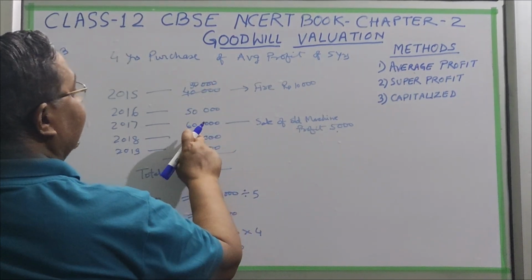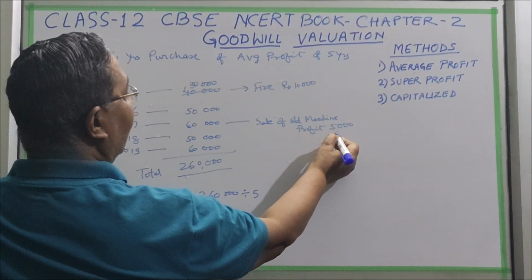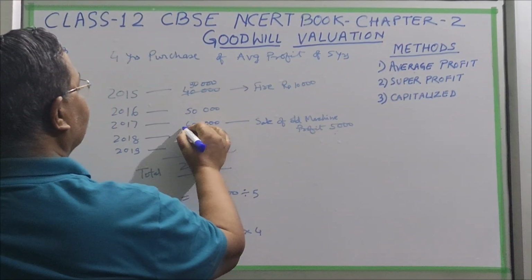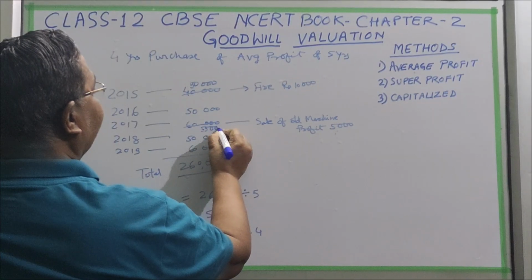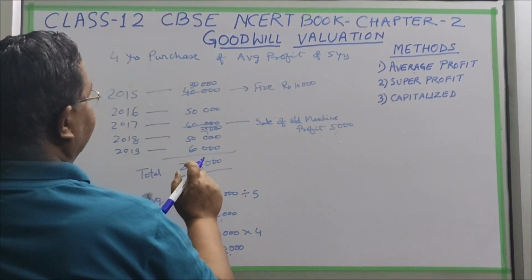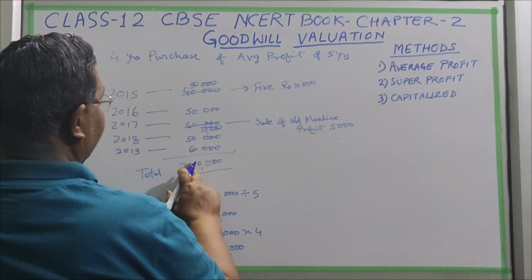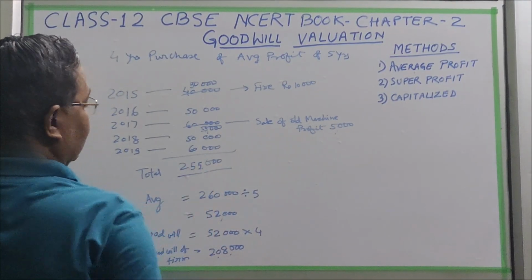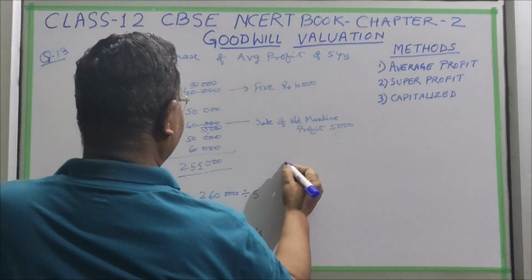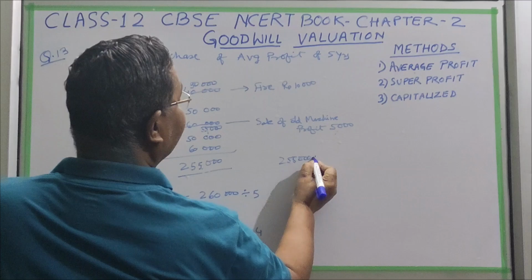So you have to take 50,000. Like here, the machine sale is abnormal profit, so you have to reduce it to 55,000. And then you have to make the total. So 10 will go out and 5 will come. So 255 will be your total. Then you have to divide 255 by 5.